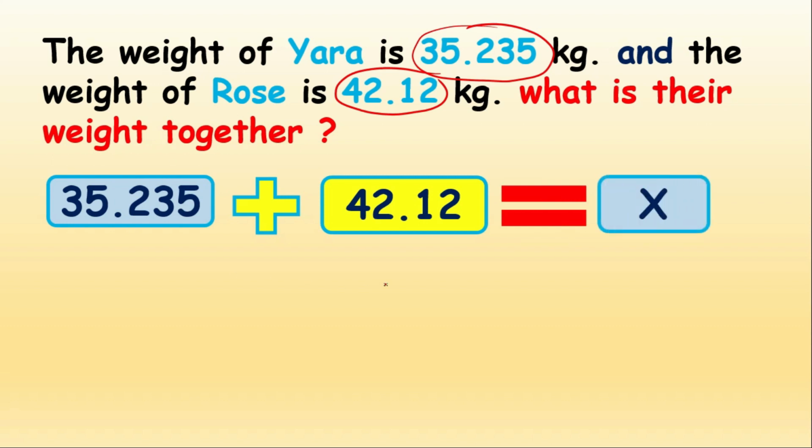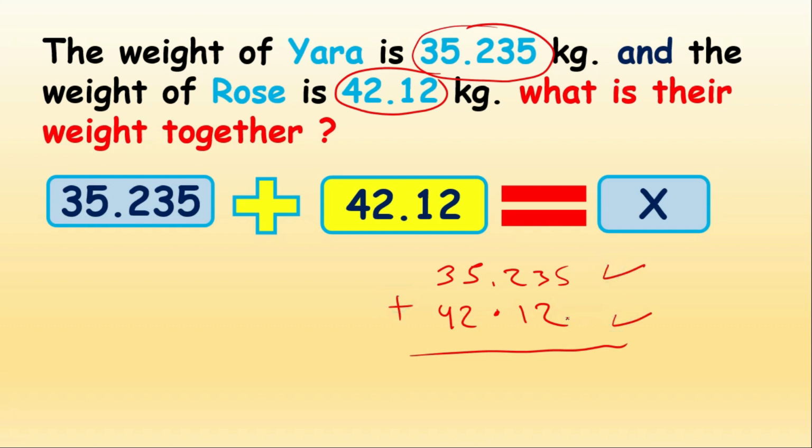Okay, write the first number, 35.235, and don't forget to put the decimal points, 42 and 12. Add the two numbers. Here we have 3 decimals, here 2 decimals. Write 0. 5 plus 0, 5. 3 plus 2, 5. 2 plus 1, 3.